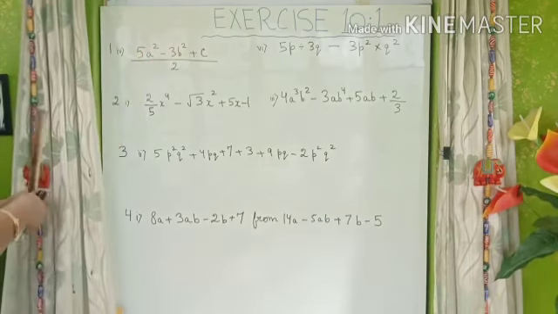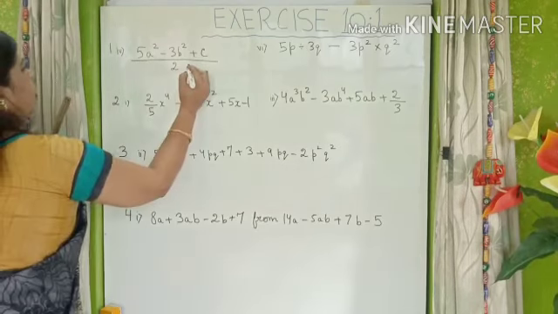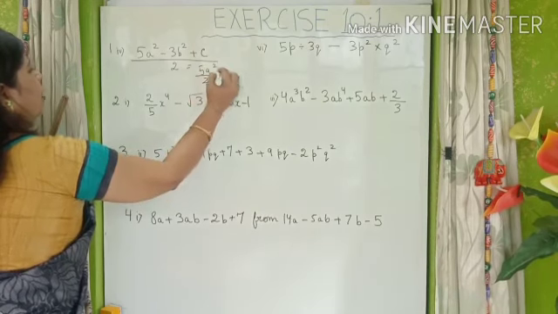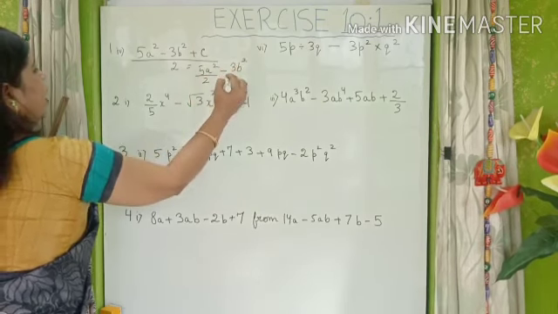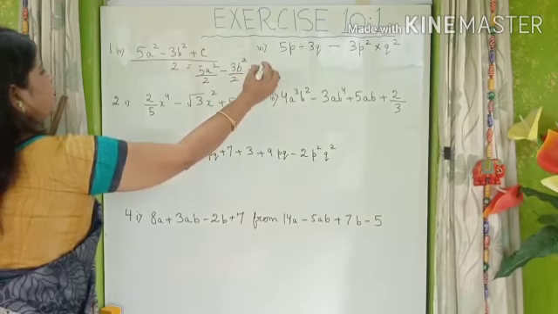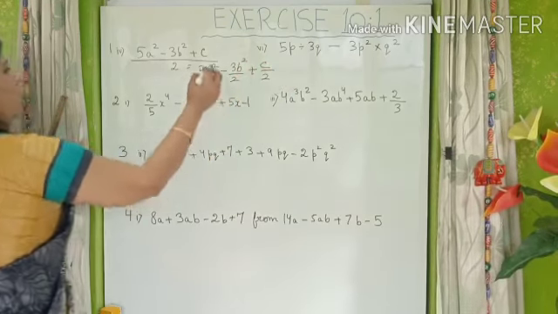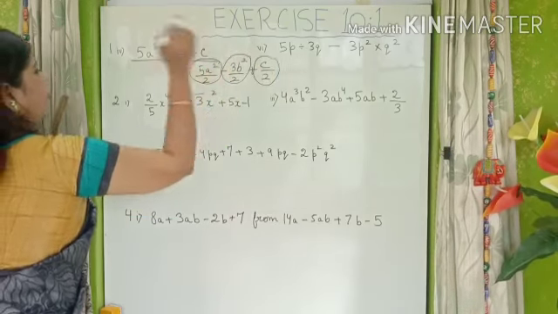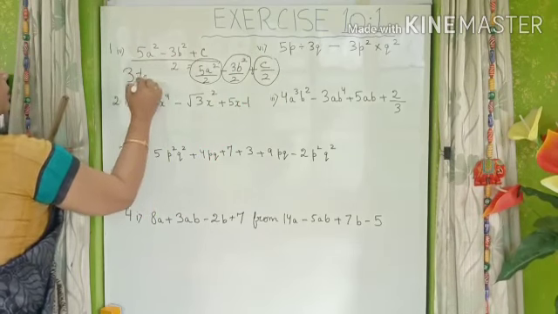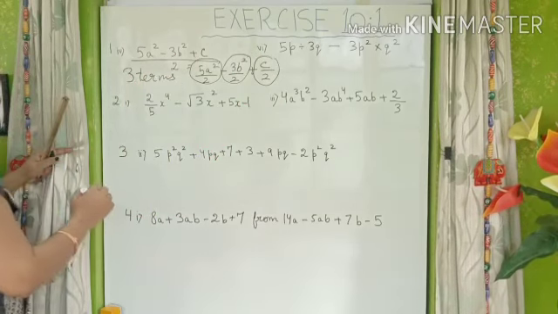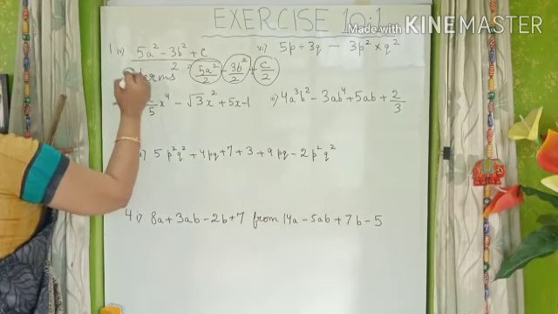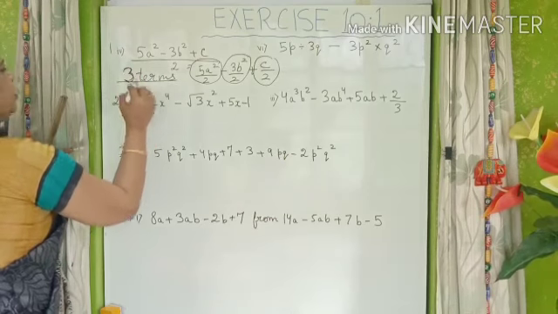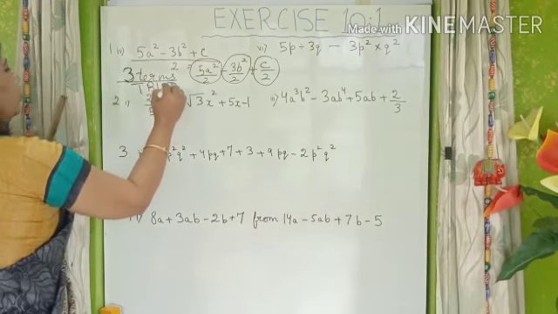Like here, if I expand and write this equal to 5a square by 2 minus 3b square by 2 plus c by 2. So how many terms? 1, 2 and 3. So total 3 terms. This is called, the moment you have 3 terms, it is called trinomial.